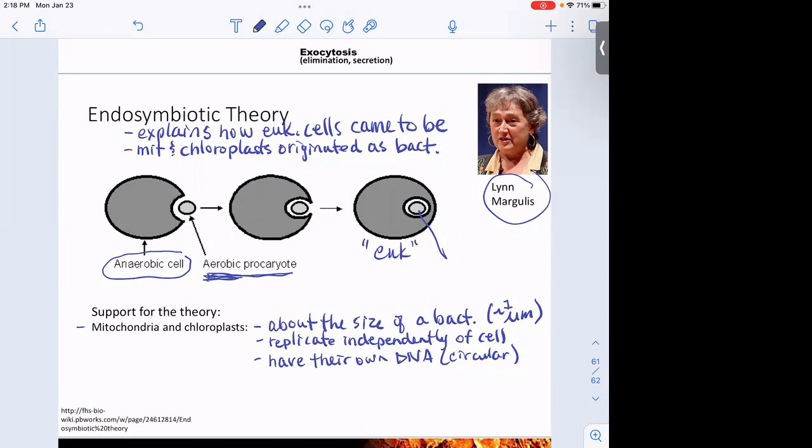So that maybe doesn't support the theory, but they have DNA that maybe at one time was able to replicate itself. And in my mind, probably the biggest support here is that both mitochondria and chloroplasts have 70S ribosomes. Okay, so they have the ribosomes that we normally only see in prokaryotic cells.